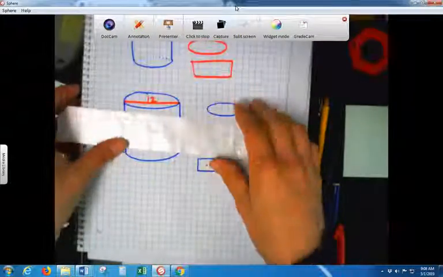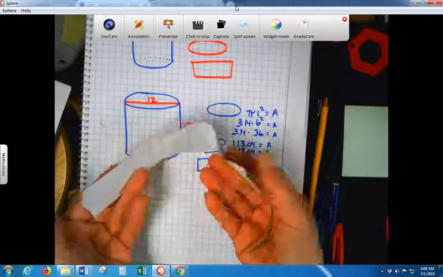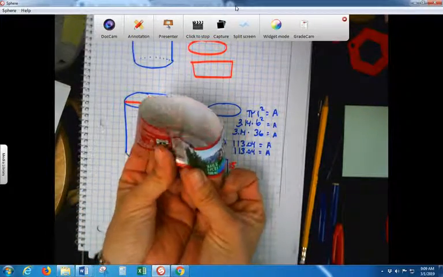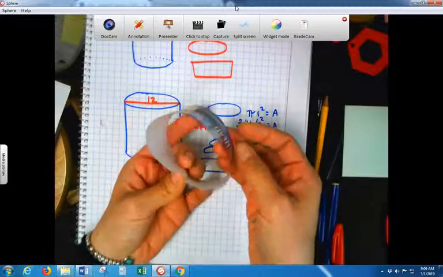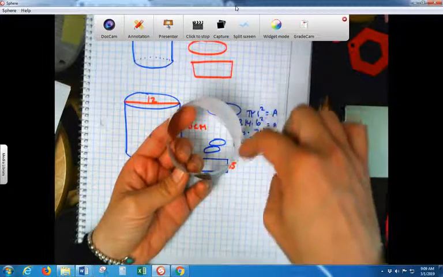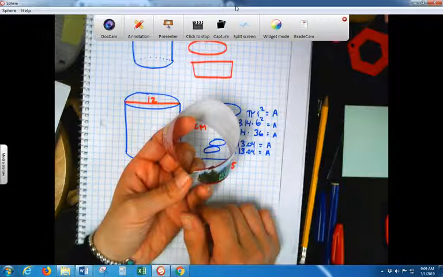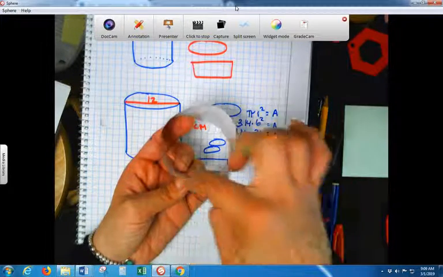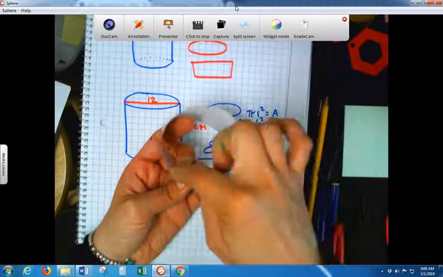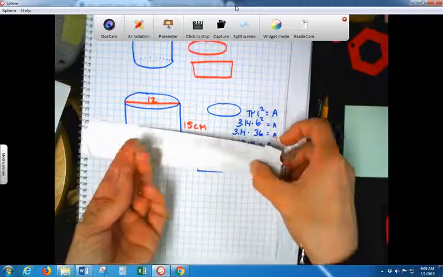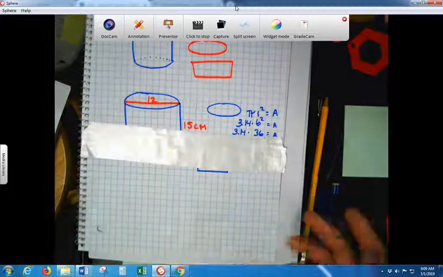So, wait a minute. What part of this? Circumference. This is the circumference of the circle, right? Do you guys see that this is the circumference of the circle? But when I open it up, it really is the width.